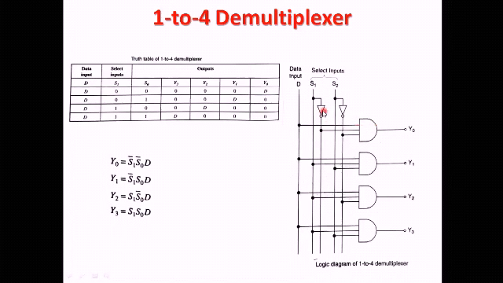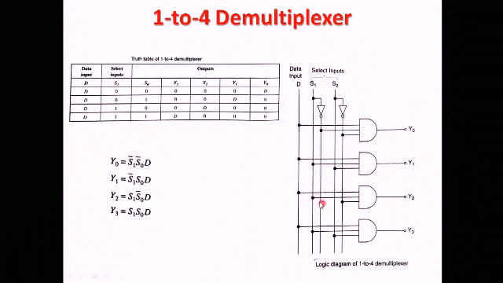So when S1 S0 are 0 0, what will happen? We will get Y0, that is, D will be connected to Y0. Next, when S1 and S0 are 0 1, then D will be connected to Y1.